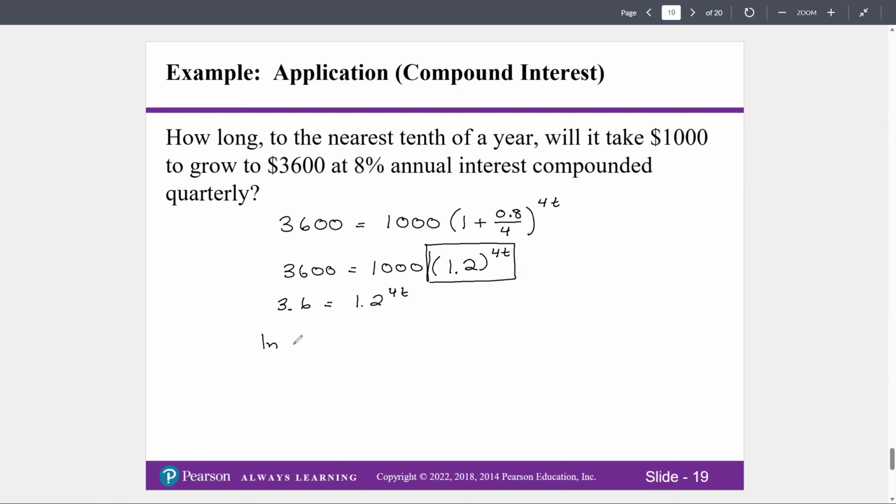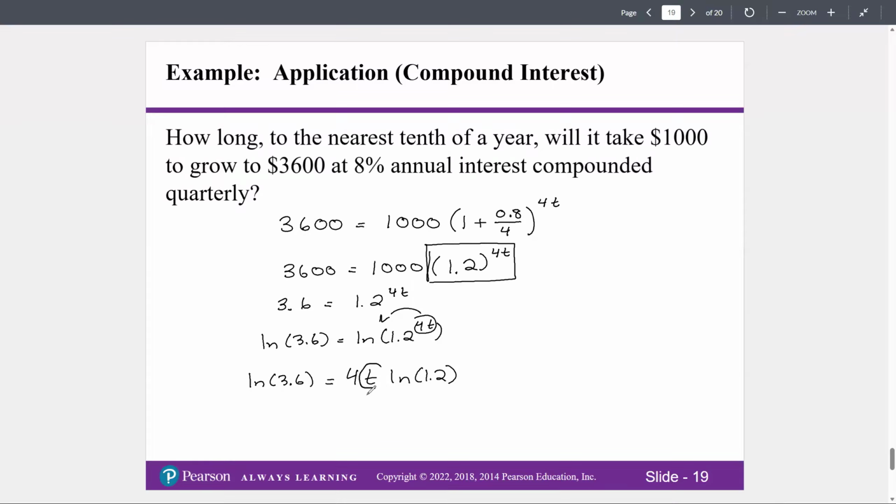So we can use a natural log on both sides, and that natural log will pull this exponent out front. So this is natural log of 3.6 is equal to 4t natural log of 1.2.